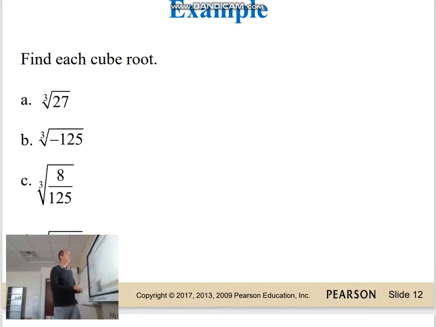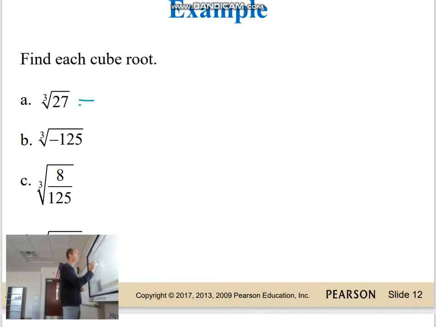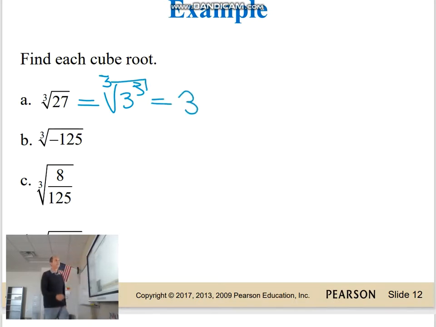Check the examples. We have cube root of 27. 27 is 3 times 3 times 3. 3 cubed, right? So cube root of 3 cubed, that means is 3. The answer is 3.